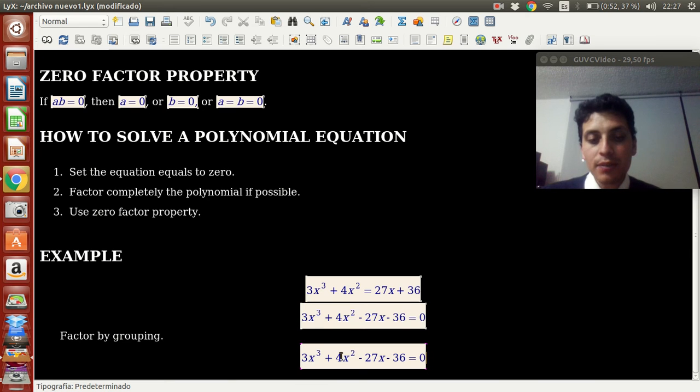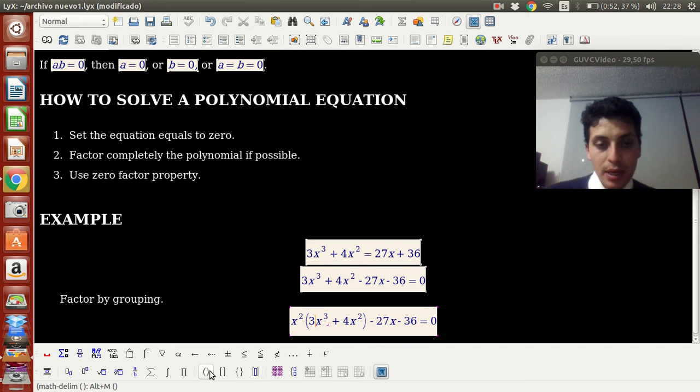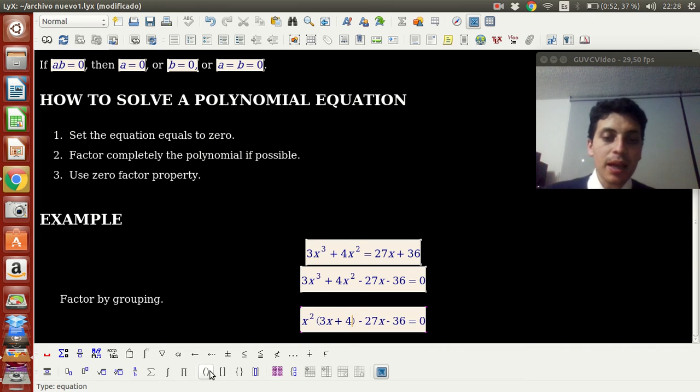Here the GCF of the first two terms is x squared, so we factor it out and have x squared times 3x plus 4.